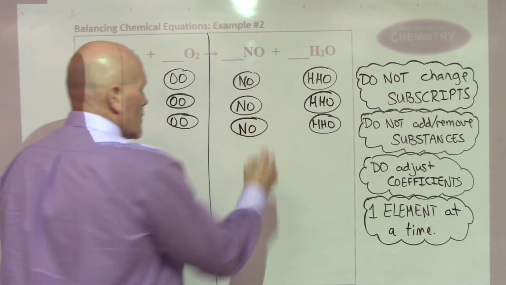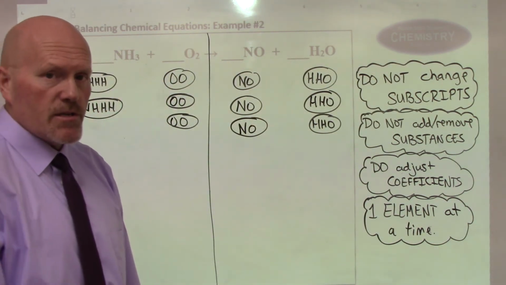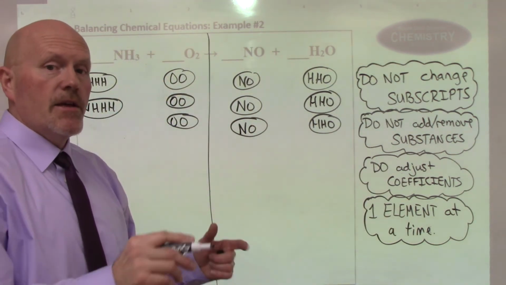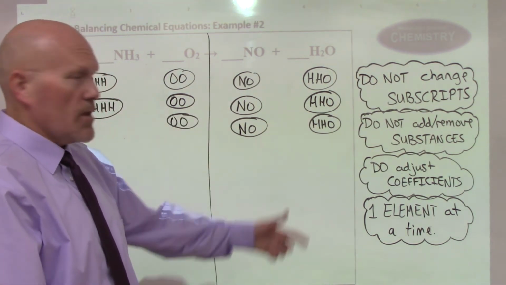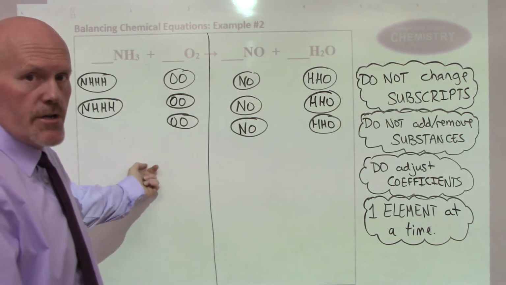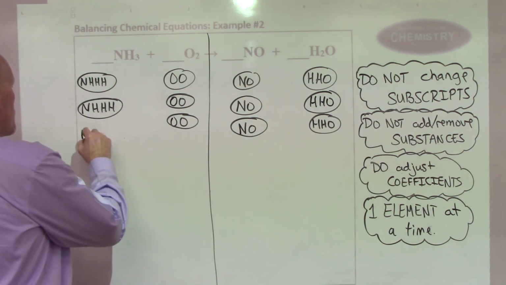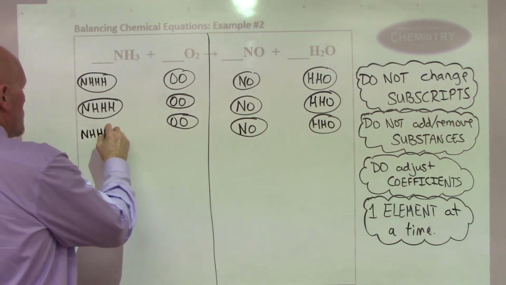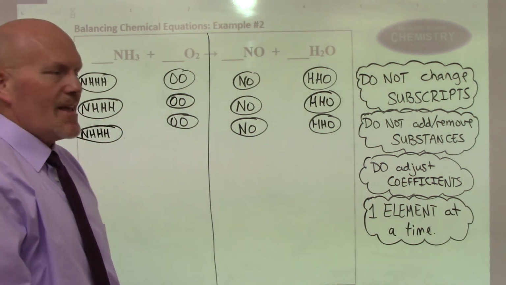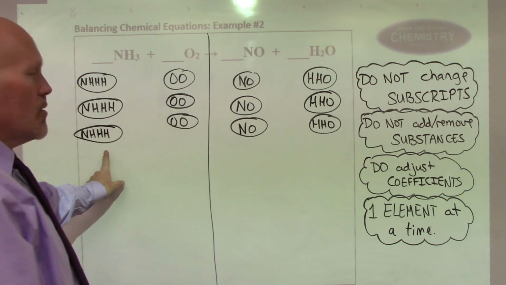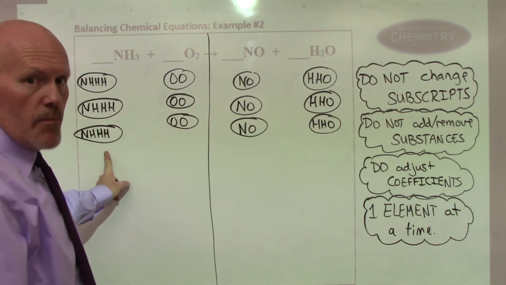So now my oxygen is back in balance, but in fixing oxygen, I drove the nitrogen out of balance. So let's put in more nitrogen over here. So now my nitrogen and oxygen balance, but I just boogered up the hydrogen.